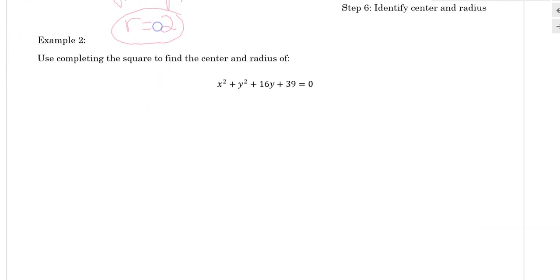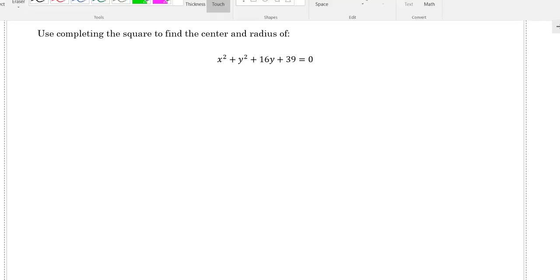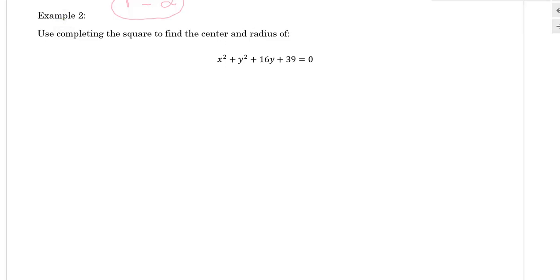All right, looking at one more example, example 2. Use completing the square again to find the center and radius. So again, our first step is to move the constant. So I'm going to subtract 39. So we have x squared plus y squared plus 16y equals negative 39.